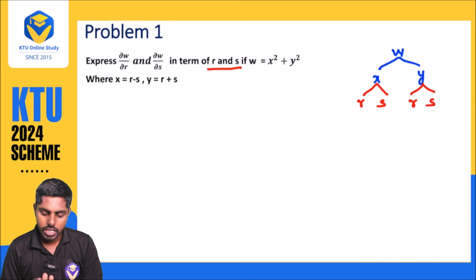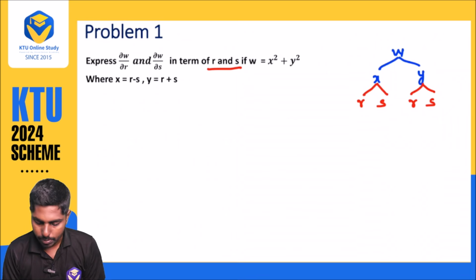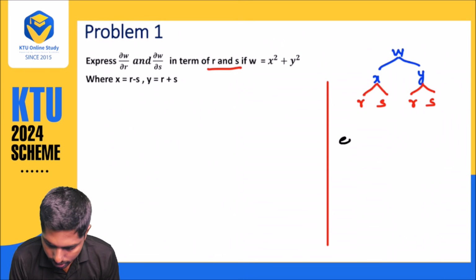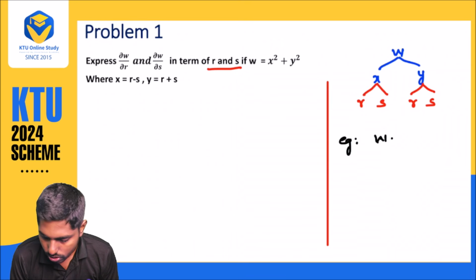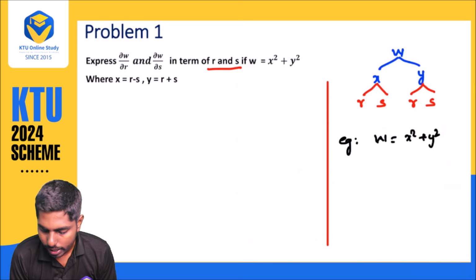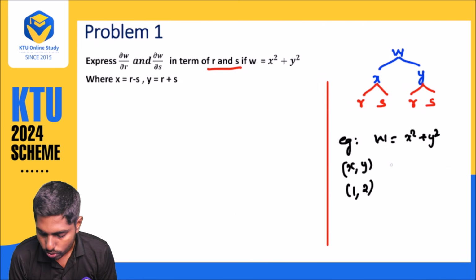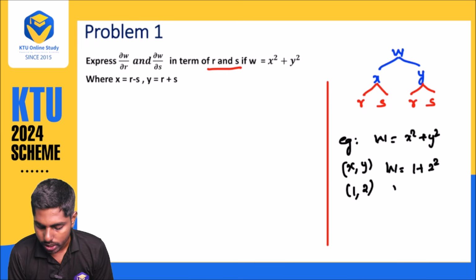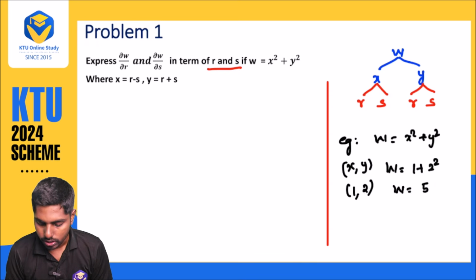How am I saying it depends on two variables? For example, if w is equal to x square plus y square, and I put x comma y as 1 comma 2, then w will be 1 plus 2 square, therefore w is equal to 5.